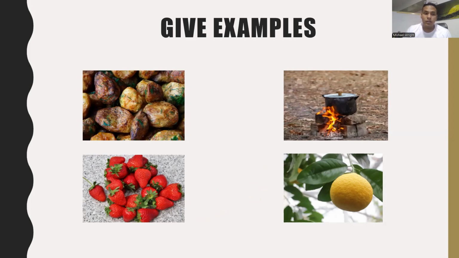Were there strawberries in the party? ¿Hubo fuego? Is there, hay fuego in present? Is there fire? So, ¿hay una naranja en el árbol? Is there an orange in the tree? Something like that.